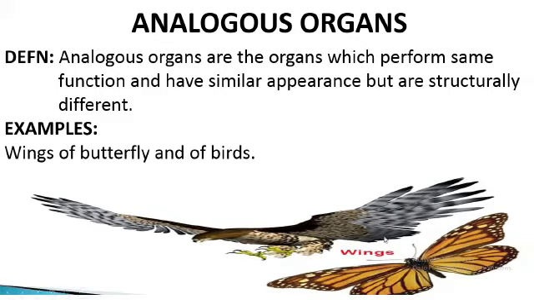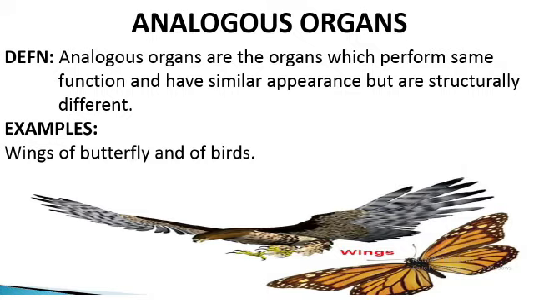Here you can see the wings of birds and butterflies appear to be superficially the same. But if you look at the structure, the wing of a bird is a modification of the forelimb of vertebrates. It contains bones and feathers. Whereas the wing of a butterfly is made up purely of chitin.